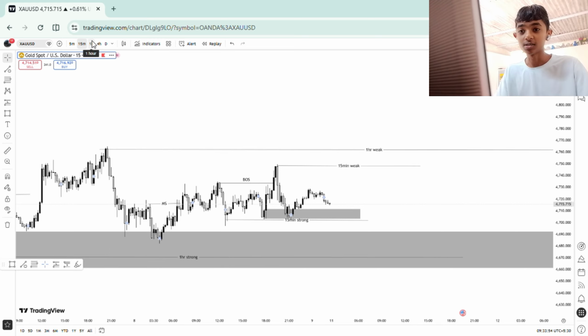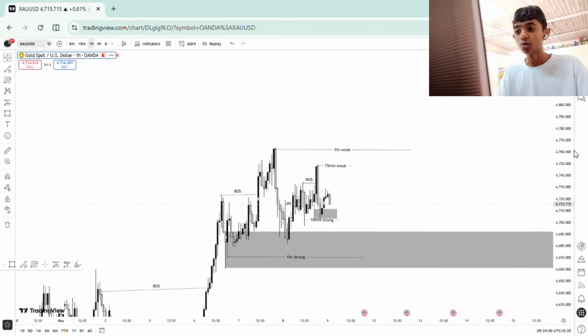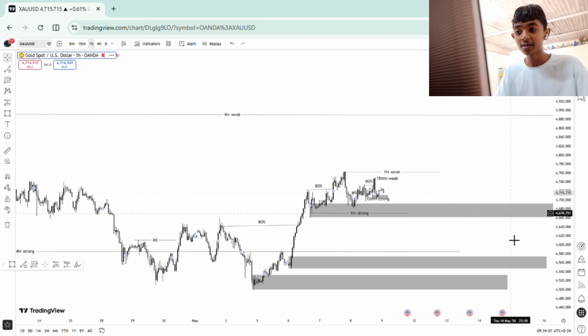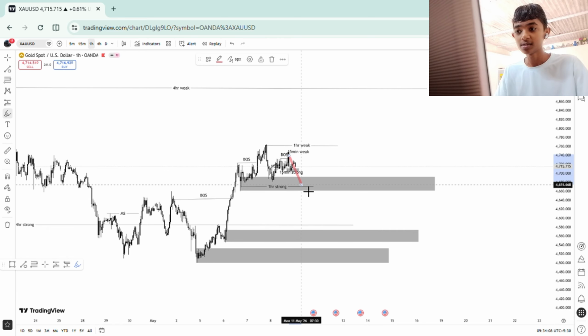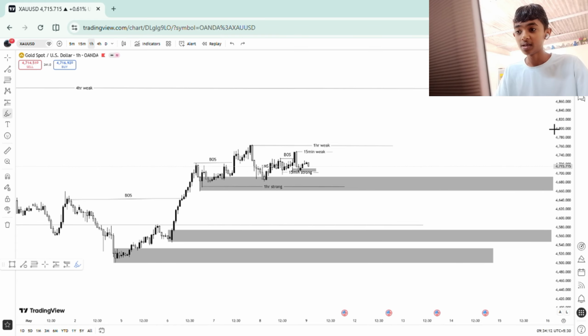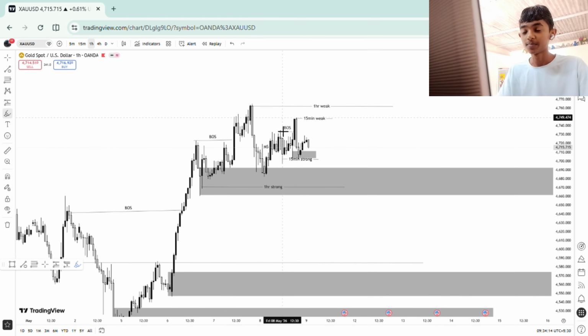First, if you are a swing trader, you have to enter after the price mitigates this. Means, see, price is here, price is here. Now this is a 1 hour point of interest.